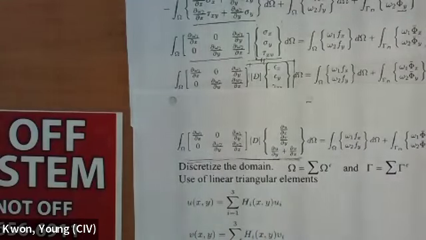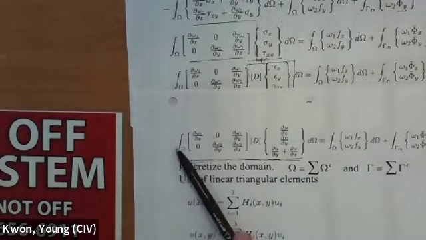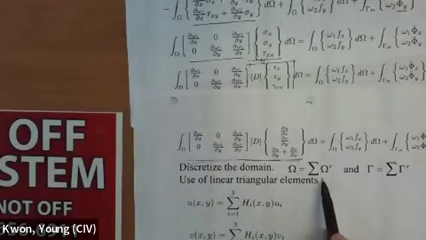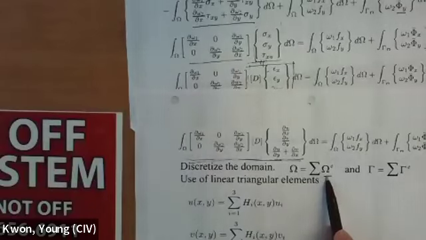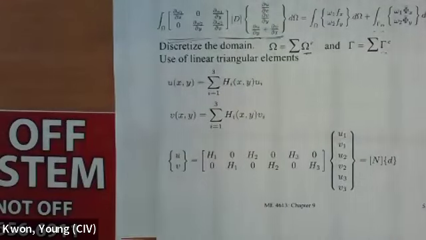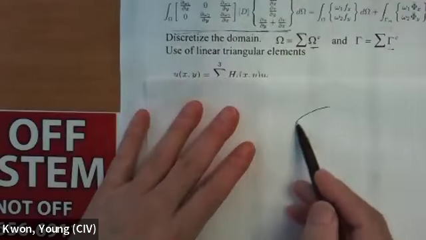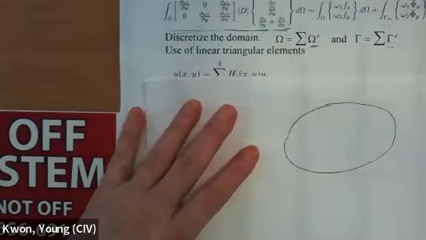The element matrix. To evaluate that one, obviously we have to pick the kind of element we are going to analyze. So first of all, the domain is divided into a number of finite element domains. Of course, the boundary is divided into a number of boundary elements. So let's say I have this kind of 2D domain.